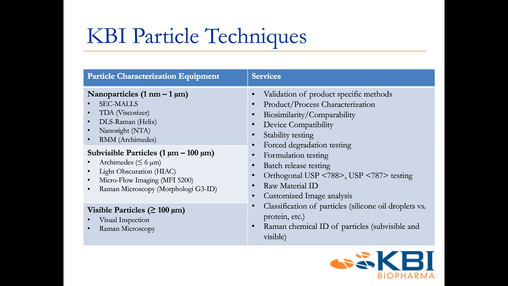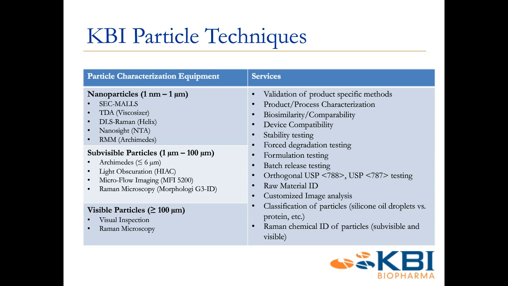We also have tools such as the Viscosizer, the NanoSight, the Helix, and Archimedes, which can all give us a lot of valuable information for particles in the nanometer range. Archimedes can even bridge up to the subvisible, which is a great tool to help us understand our microflow imaging a little better, as well as light obscuration results.